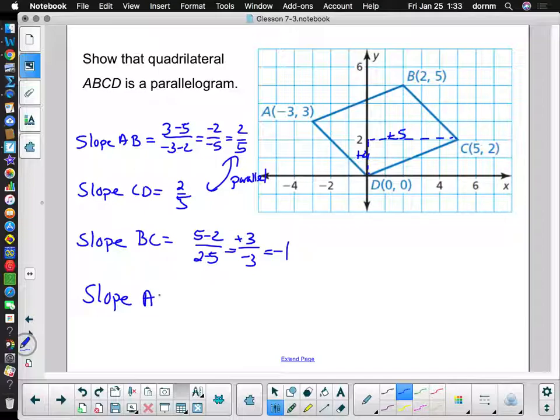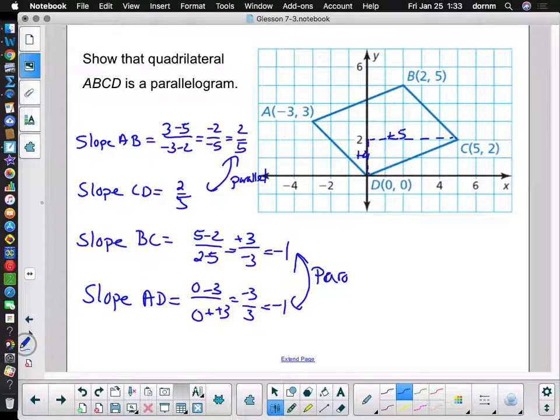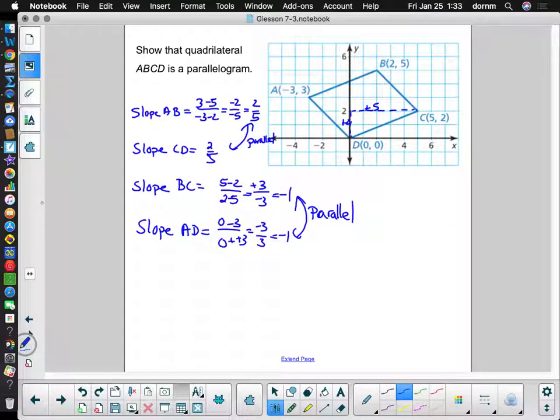Slope of AD, 0 minus 3 over 0 minus negative 3 is negative 3 over 3, which is negative 1. Aha, these are parallel too. And then tell me what method you just used. I just found both pairs of opposite sides are parallel.